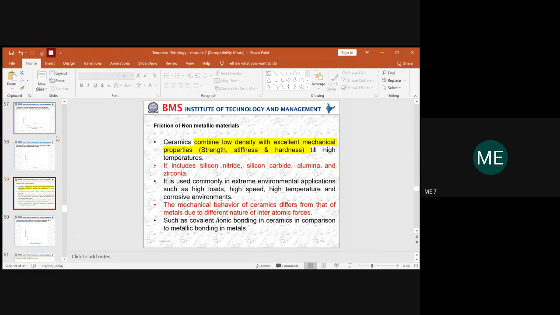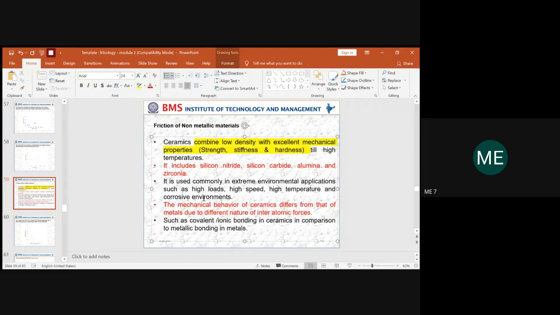The most commonly used ceramics with good strength, stiffness and hardness we can list, such as silicon nitride, silicon carbide, alumina or zirconia. These are the most familiar ceramics with good mechanical properties. And you know that they are most commonly used in extreme environmental conditions, because they should have stability at high temperature.